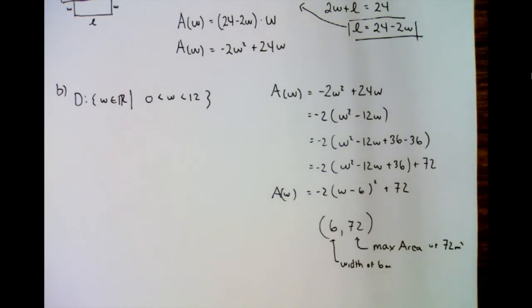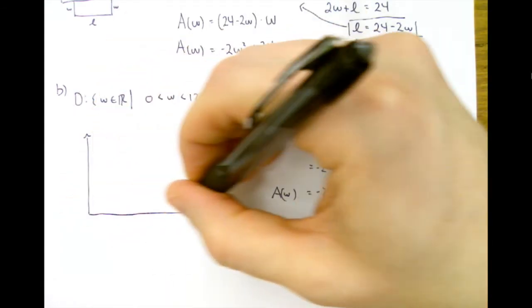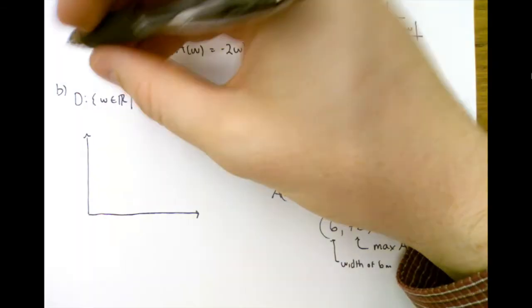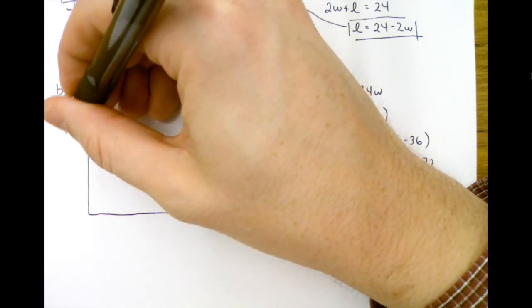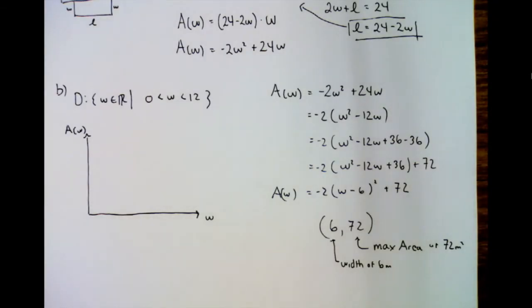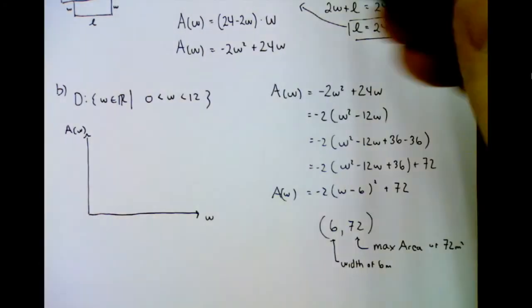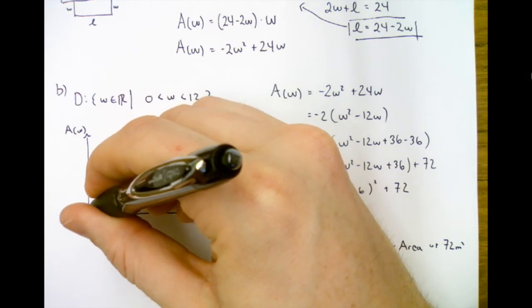So what's this all mean? Well, let's graph it, and it might help. I'm only going to use this part of the Cartesian plane because we're talking about area and we're talking about width. So what do we know about width? Well, width has to be between 0 and 12. So not including, so we're going to use open circles.